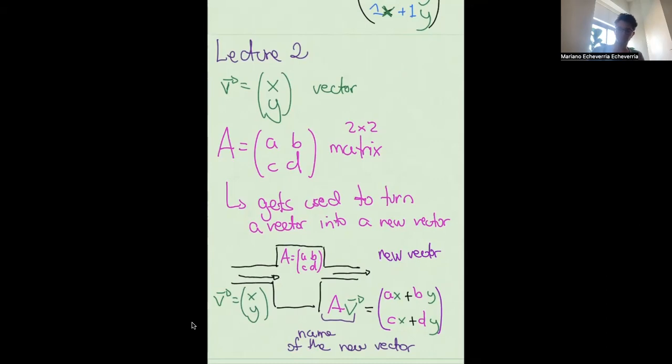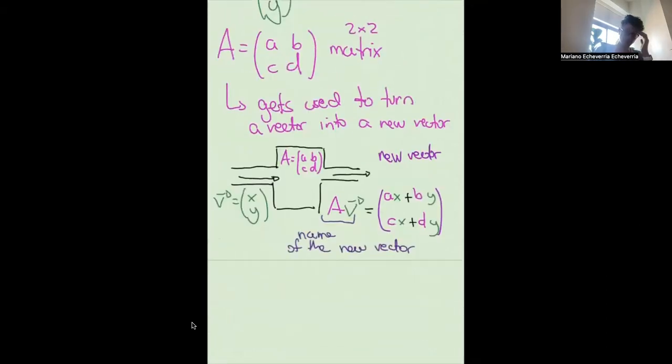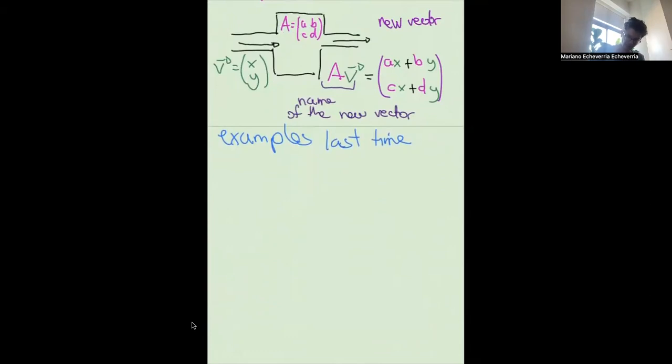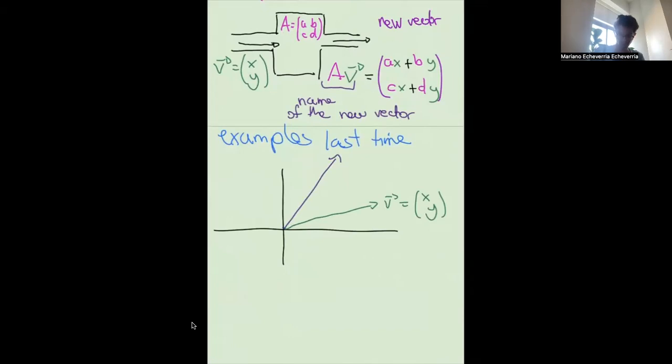Let me give you some examples. This is the one that we were doing last time. We had a vector xy, and we could rotate it by an angle theta.